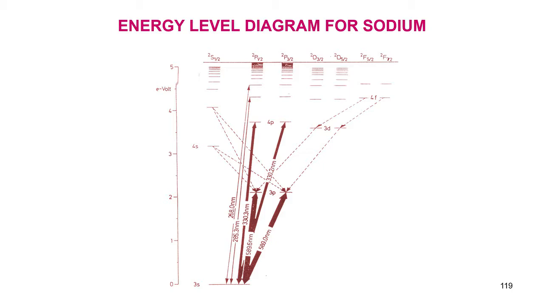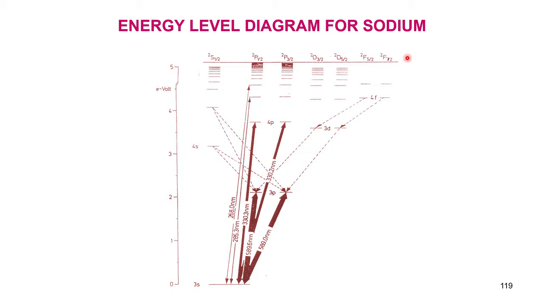This is the Grotrian diagram, the energy levels of sodium. You can see on the left side I have plotted electron volts, that is, the ground level is 0 and then 1, 2, 3, 4, 5 etc., and these are the energy levels of the sodium atom.